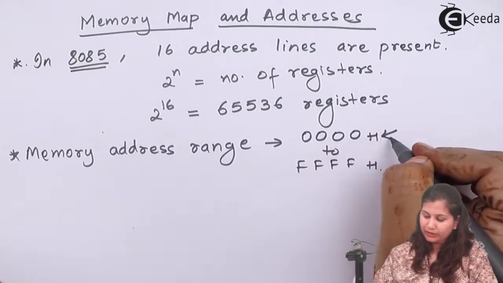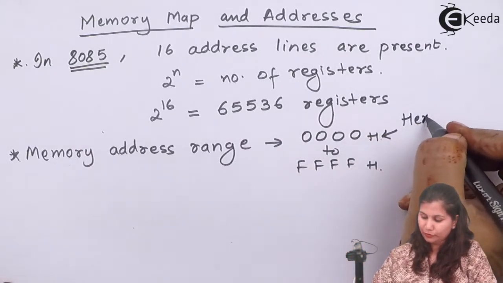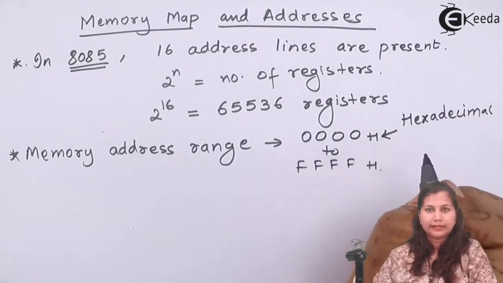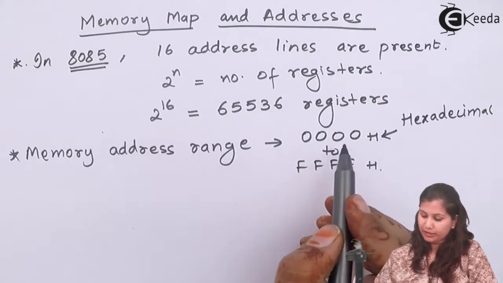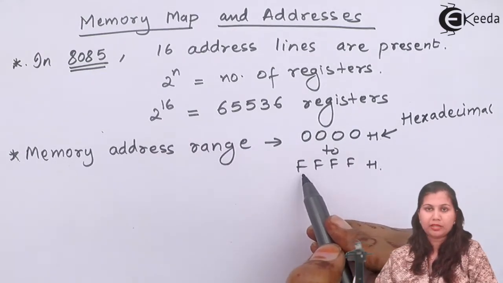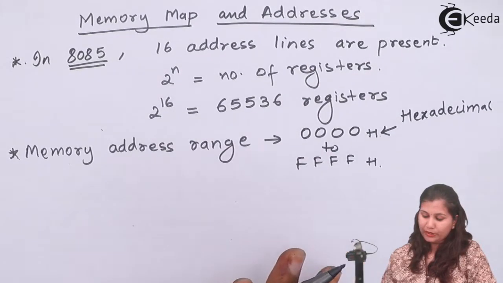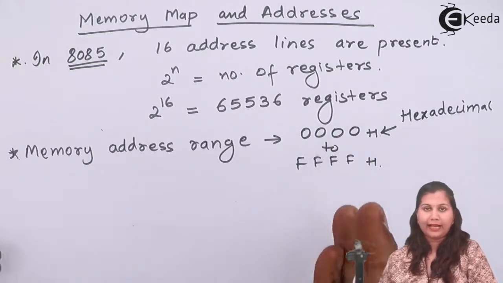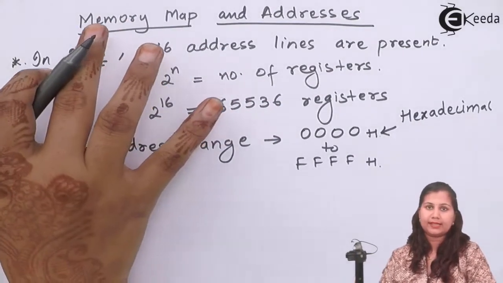Here H shows that the notation of the numbers is hexadecimal. So these are hexadecimal digits. The address of the first memory register starts from 0000, and the address of the last memory register is FFFF. In this video we are going to see how this address range is decided, how we can calculate it, and how the mapping of the memory is done.